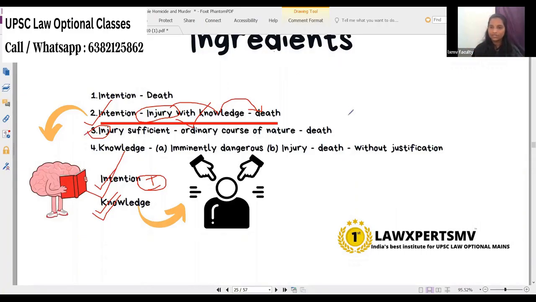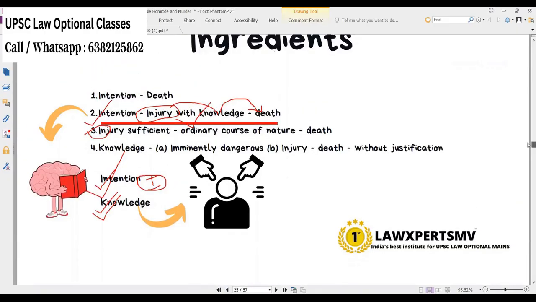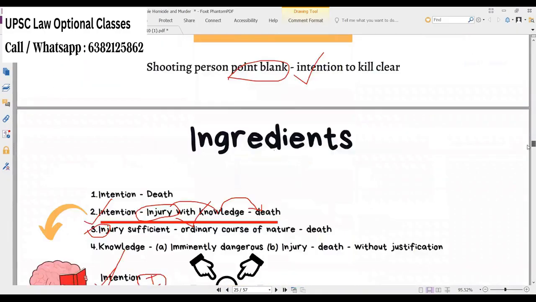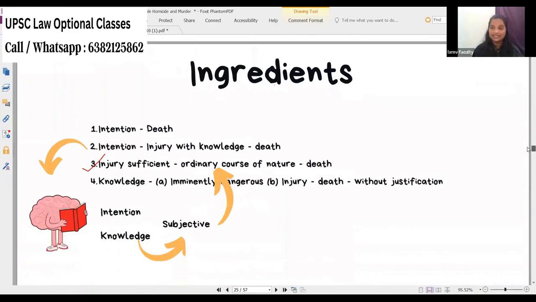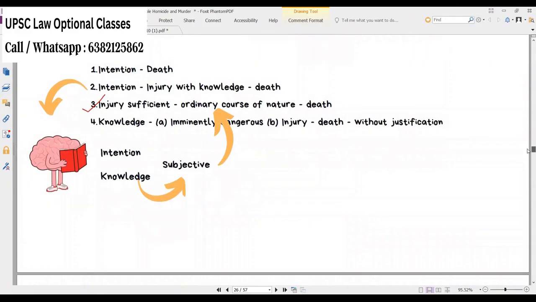Okay, sir? Got it. Section 299 first limb and section 300 first limb, how will they differ, ma'am? I told you they are the same, sir. That's why we say murder is a part of culpable homicide. How will we differentiate them when we come to section 300?